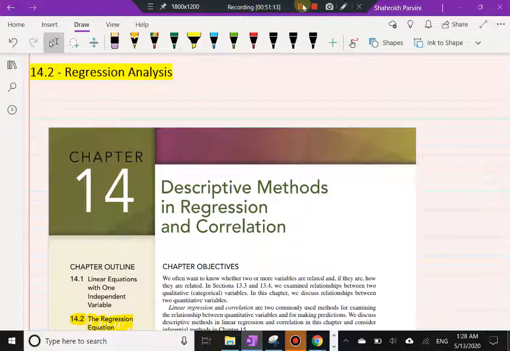Does it have any predictive power? How powerful is this model? So in section 14.3, we look at how we can assess the strength of the linear regression model, the strength or adequacy of our predictions. Okay, so on that, we are done with this video.